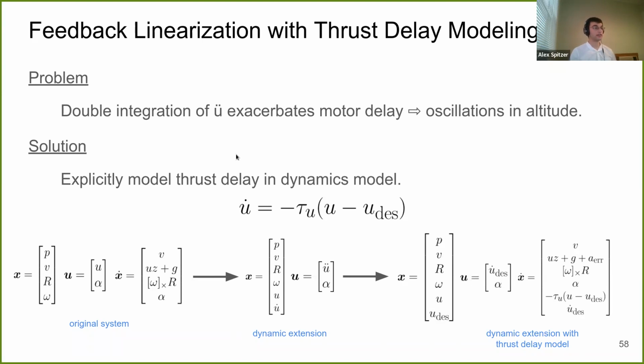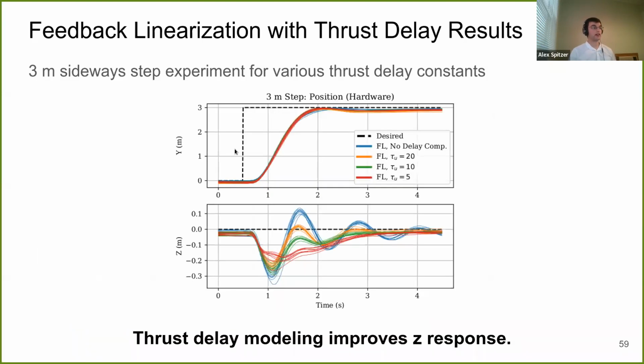I'm not going to go into it, but it does improve the performance when executing step trajectories, as we saw on the hardware. Here I've shown traces from four different feedback linearization configurations. In the blue is the one without any delay modeling. Because of the double integration of u double dot, it oscillates quite a bit. But if we vary this delay constant, we can see that, for example, a delay of 5 and 10 keeps the altitude a little bit more steady.